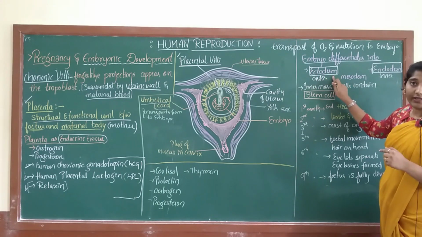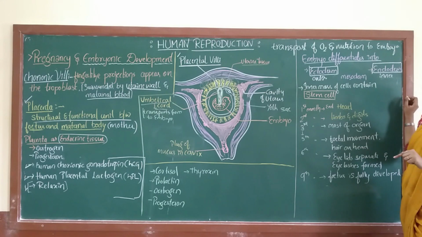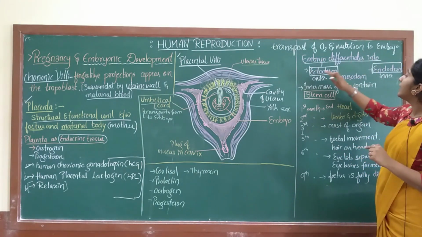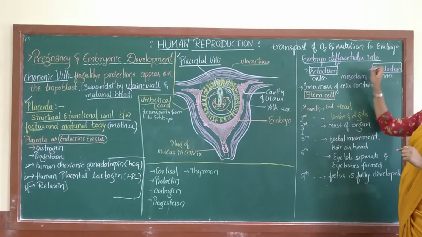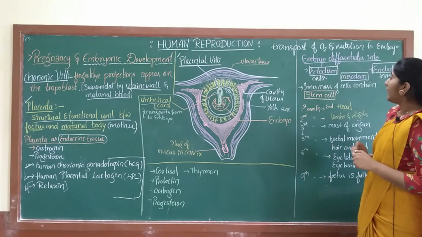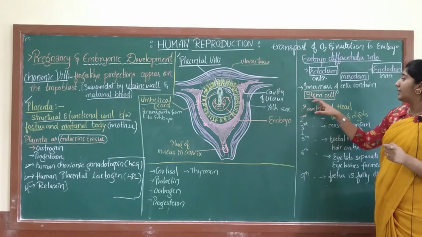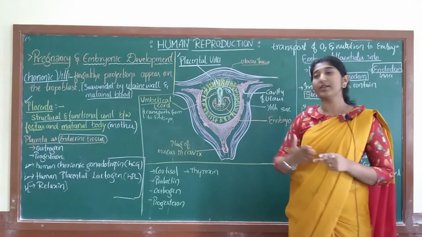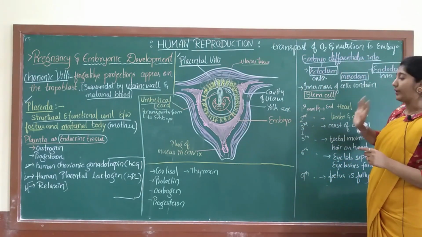Once the embryo starts differentiating, the ectoderm and endoderm form. In between the ectoderm and endoderm, there is the mesoderm. And the inner mass of cells contains the stem cells. The stem cells are going to give rise to all the tissues and organs of the fetus. Remember, these 3 are important points.